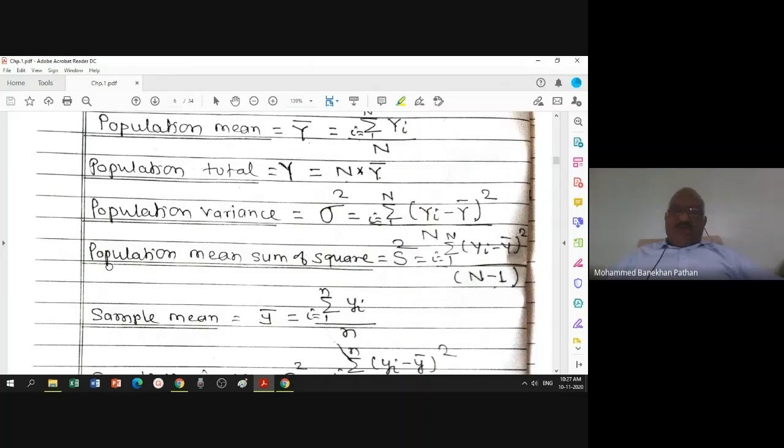Similarly, you have the population mean sum of squares, that is S square. Look, this formula and this formula, a small change.